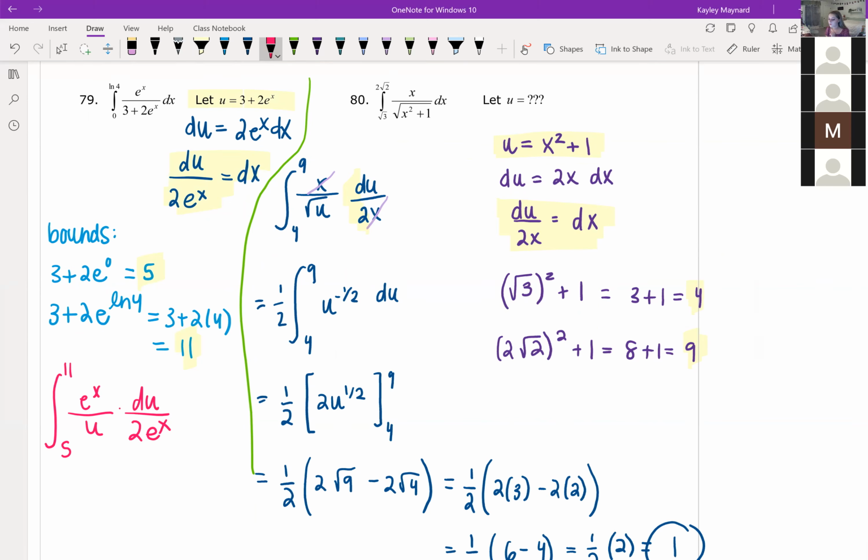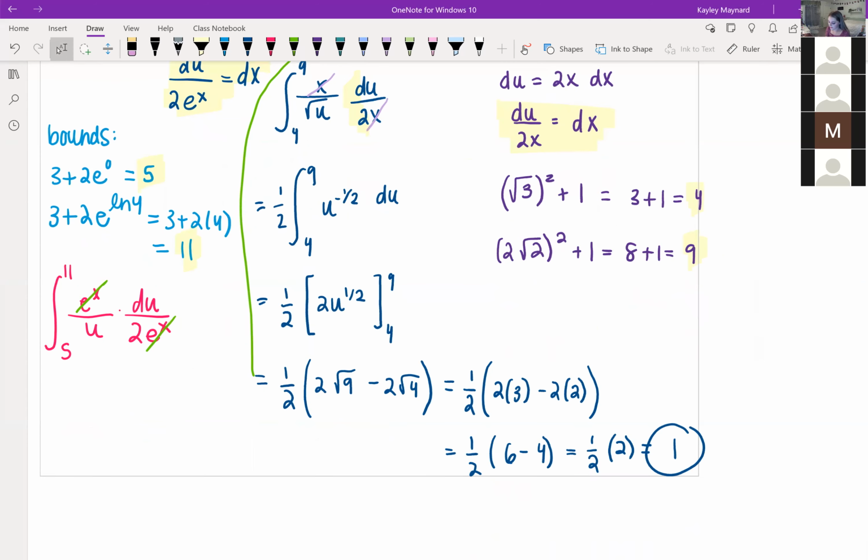This is nice because like we mentioned, the e to the x's will cancel out, which is what you're looking for. So this cancels out, this cancels out, and you just end up getting the integral from 5 to 11 of 1/2 times 1 over u du.